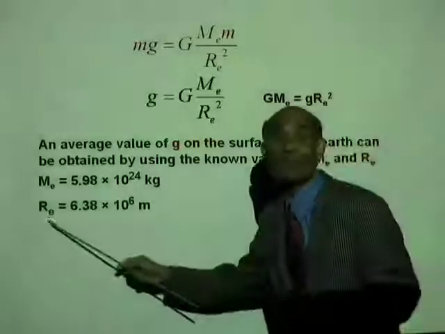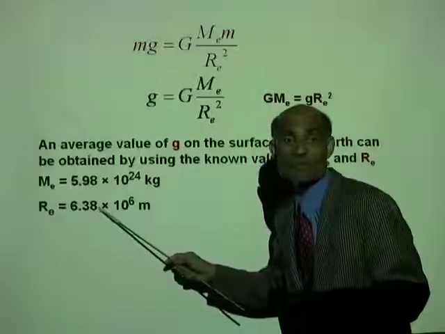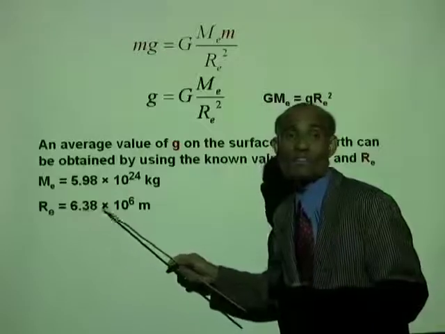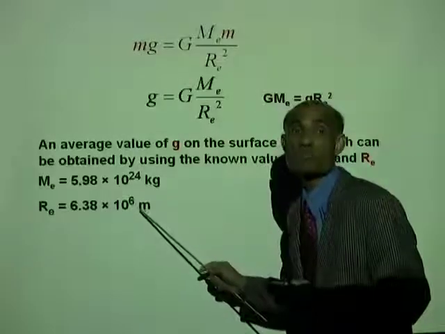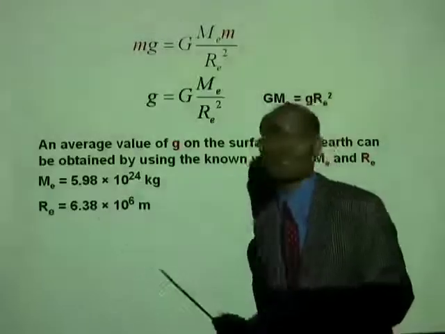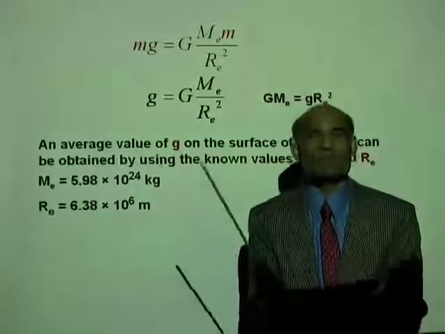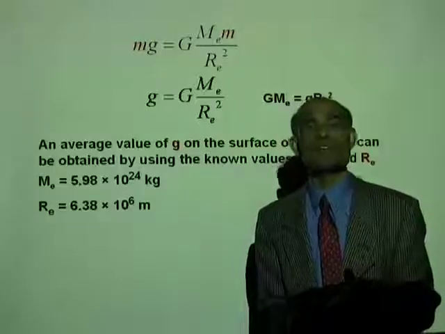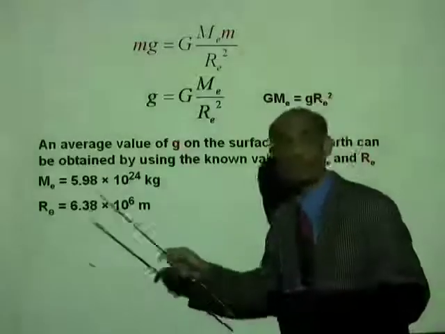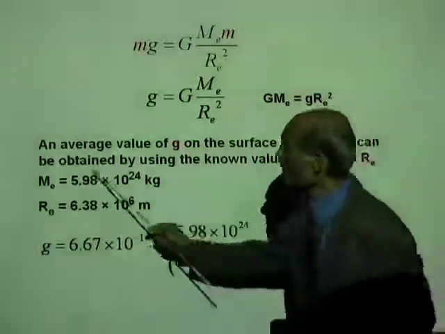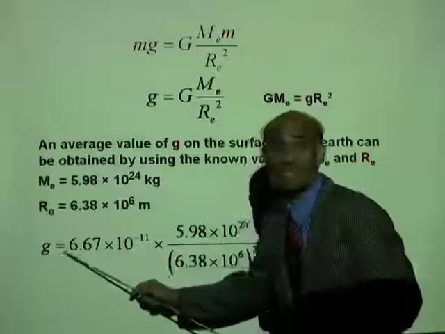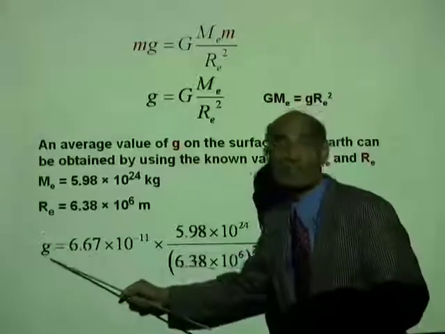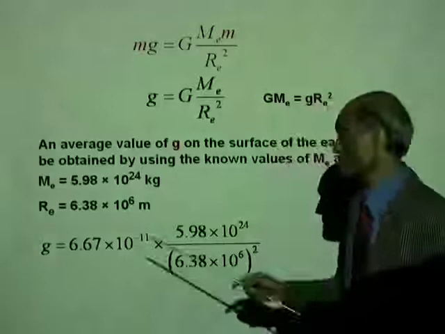And the radius of the Earth, I would like you to remember this value, 6.38 times 10 to the 6 meter. That is the radius of the Earth. But this is an average value, we know the radius slightly differs at the equator and at the poles. And using these two values, we can calculate a value for acceleration due to gravity.